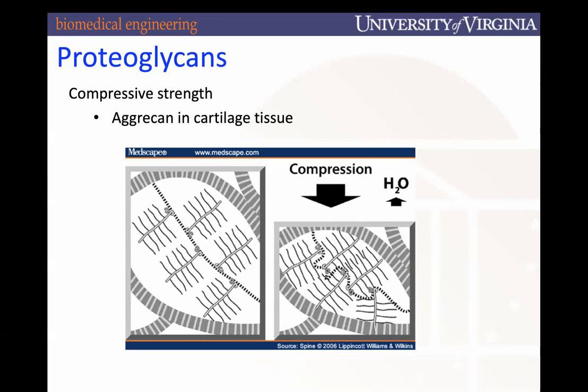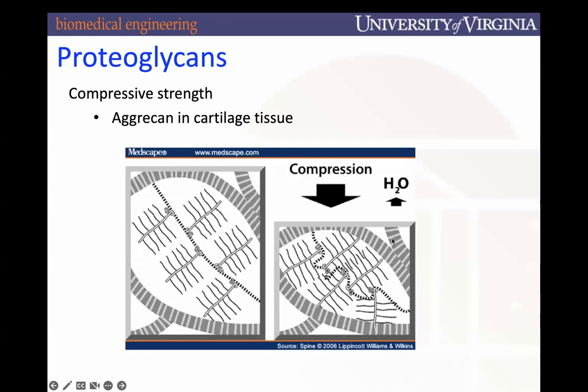And so what ends up happening is when there's a compressive force, it pushes out that water, and these negatively charged GAGs are forced into close proximity with one another. What ends up happening now is the tensile strength of collagen helps create some strength and rigidity here.